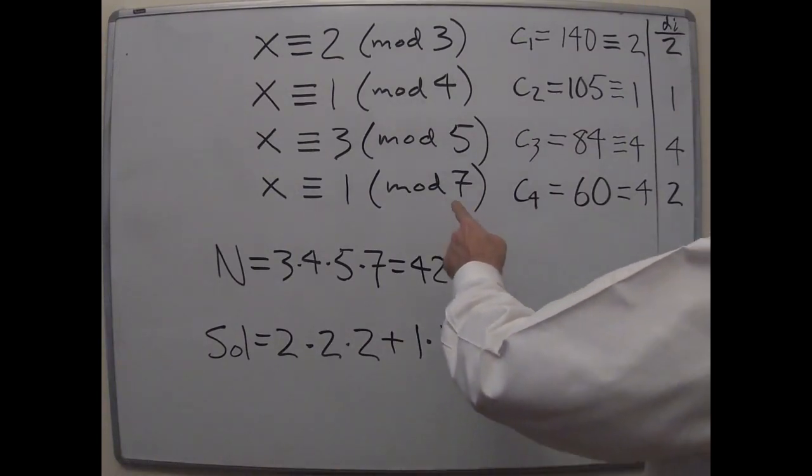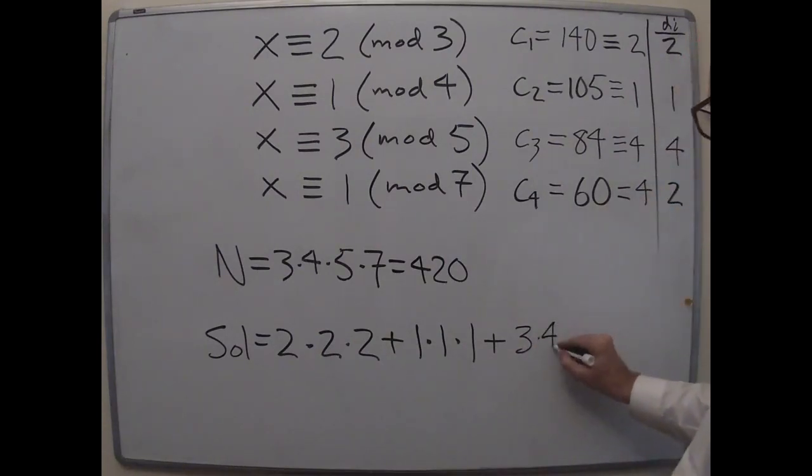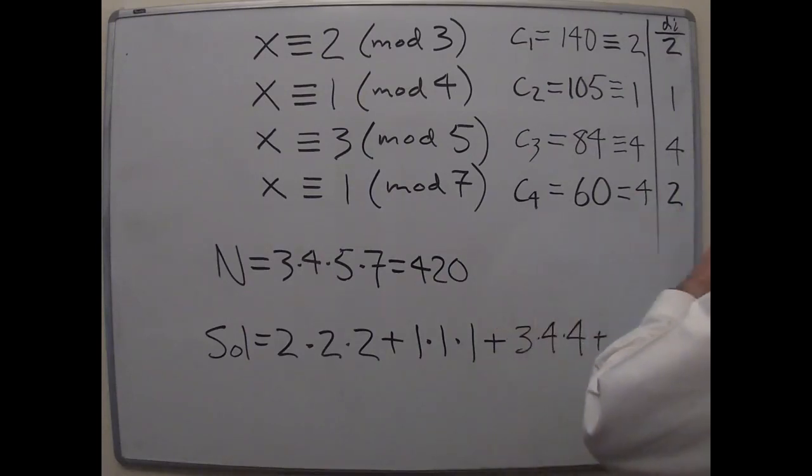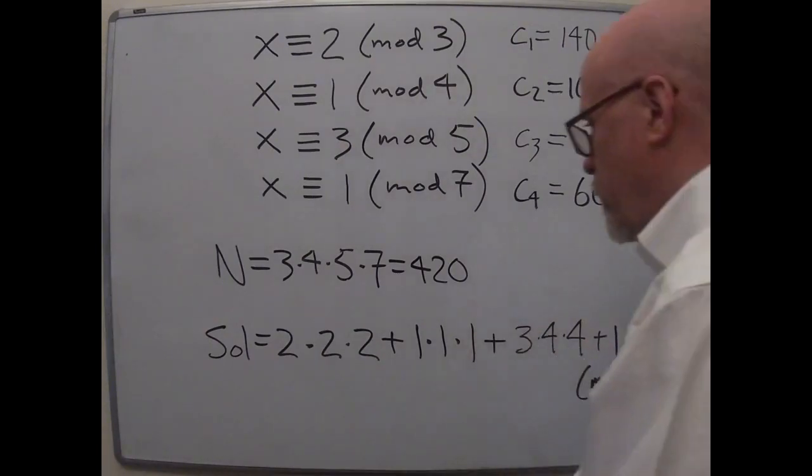Maybe I'm making a mistake, but we'll see. 3 times 4 times 4. And the last one is 1 times 4 times 2. Now this whole thing would be taken modulo 420. But I don't even think it's big enough to exceed the modulus.